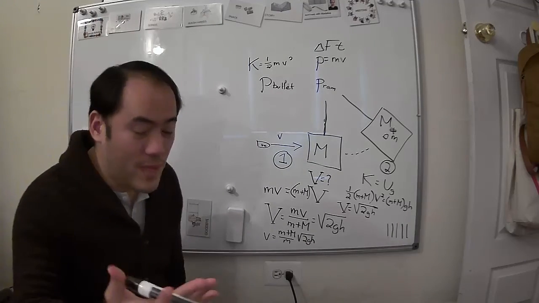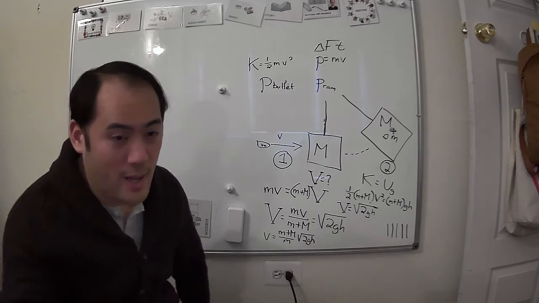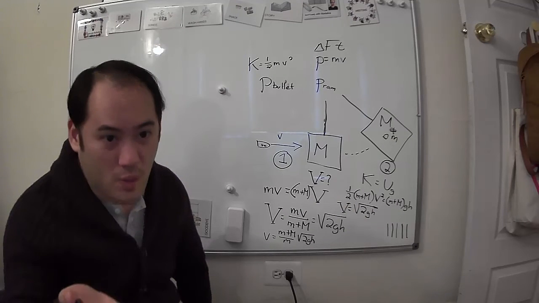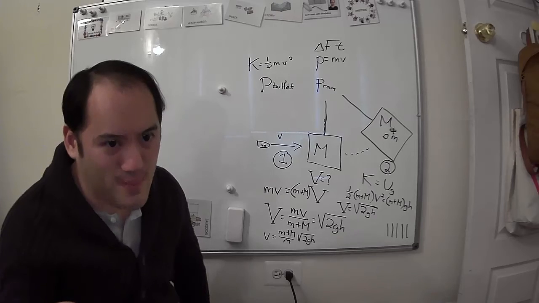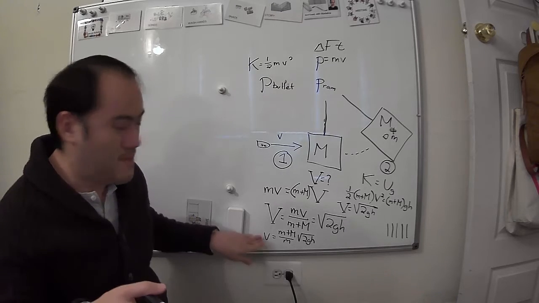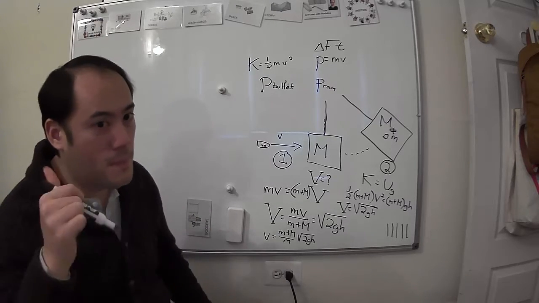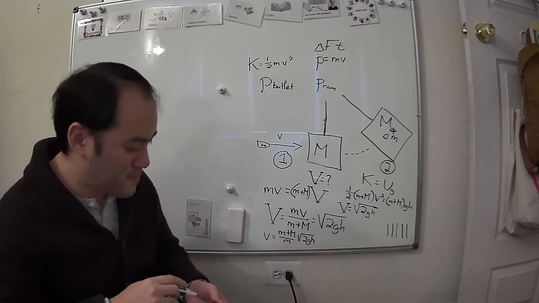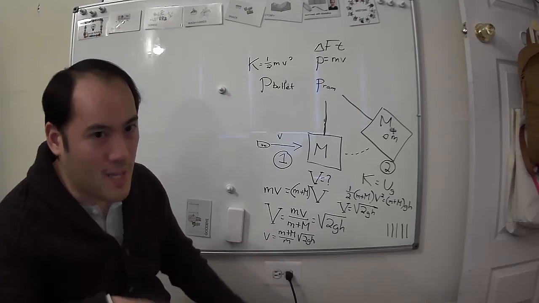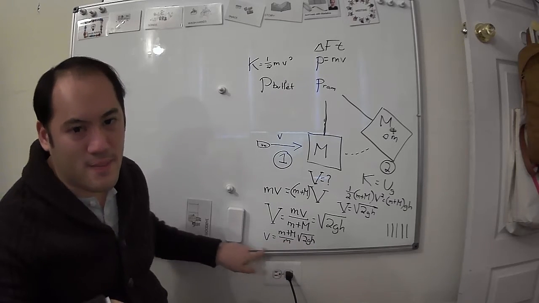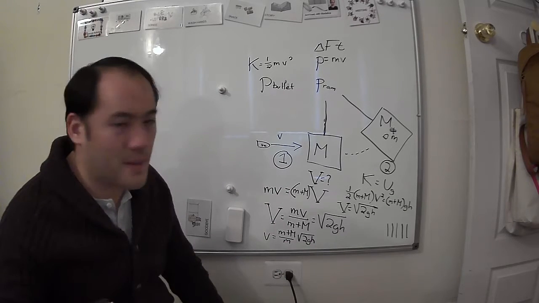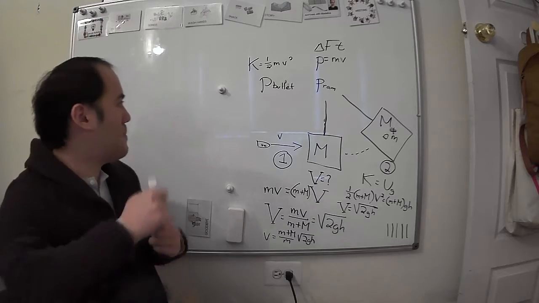So now, next time you have a gun and you want to figure out how fast the bullets are coming out of it without a high-speed camera or a radar gun or looking up online, gotcha right there. Just shoot a block of wood tied to a string and see how high it goes. Okay, that's the ballistic pendulum.